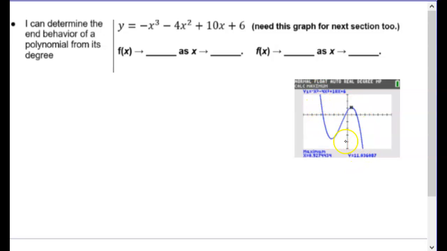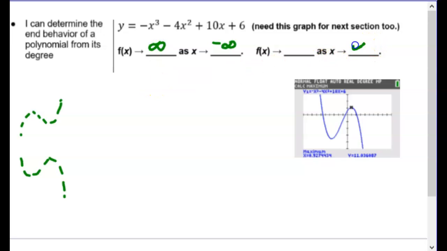this. The rule, though, is a cubic goes like this, until you put a negative out front, then it flips and goes the other way. Okay? And so the left end is up. So somewhere I need a negative x saying left, and up goes with that.